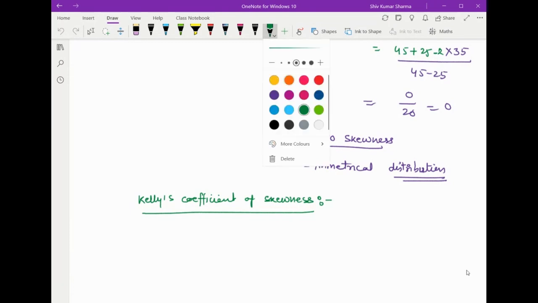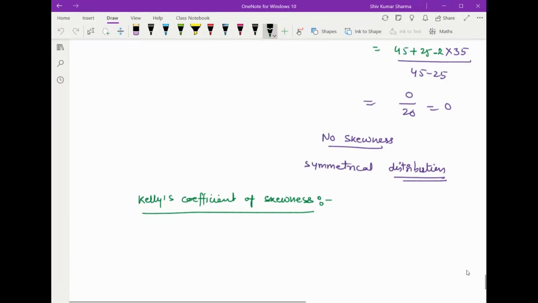This Kelly's coefficient of skewness is the modified method.